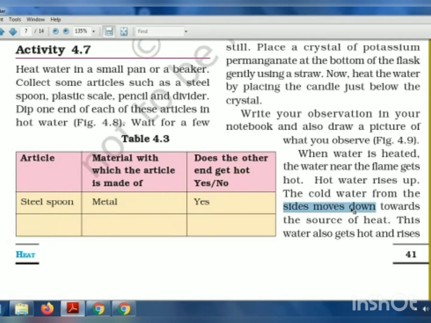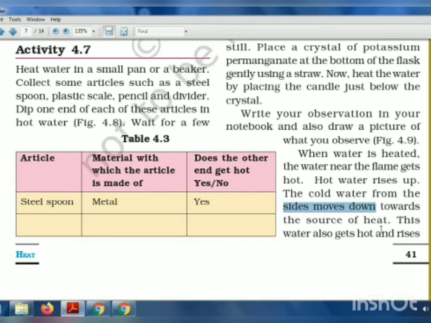So when the water in the center of the container gets heated, the hot water moves up, and the cold water from the sides starts to take the place of the hot water.